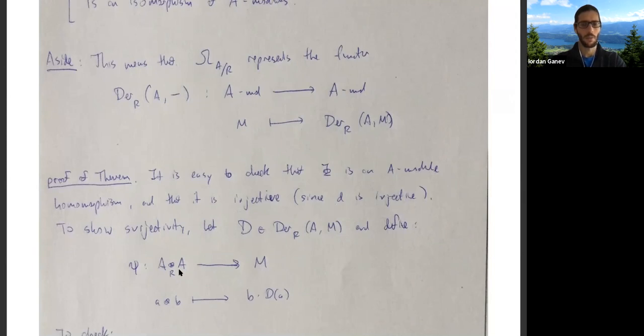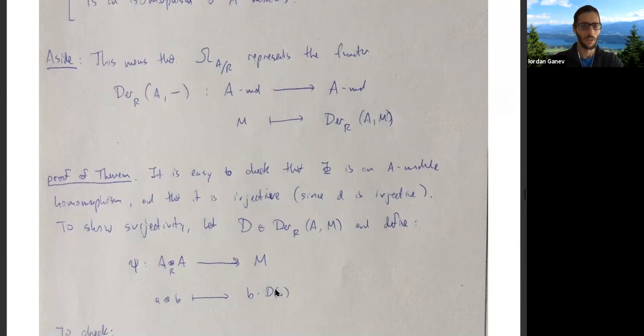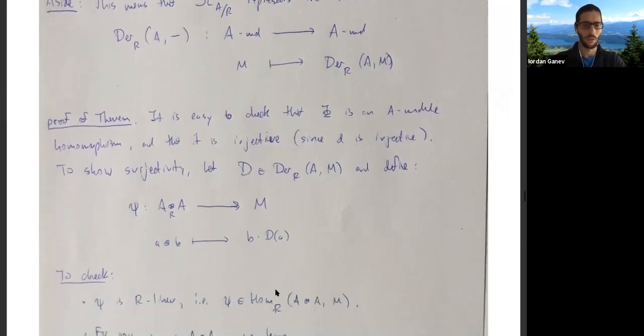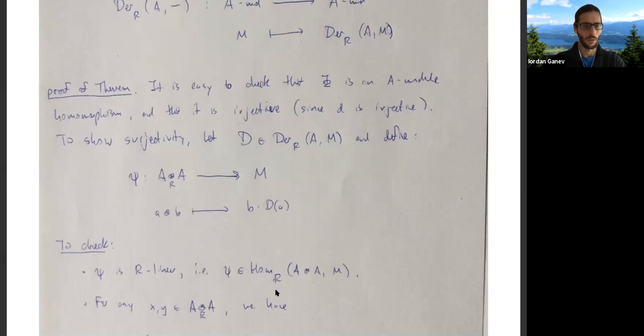This map psi goes from A tensor A to M, and it takes a tensor b to b acting on D of a. So D of a is something in M, and we act on it by b. This map is kind of strange, but it turns out to have some nice properties. First of all, it's R-linear. I guess that's not hard to show.